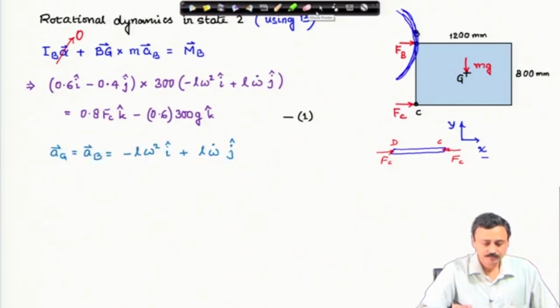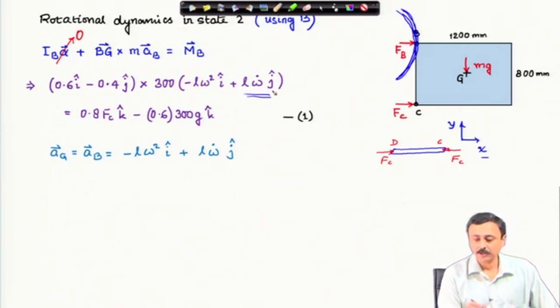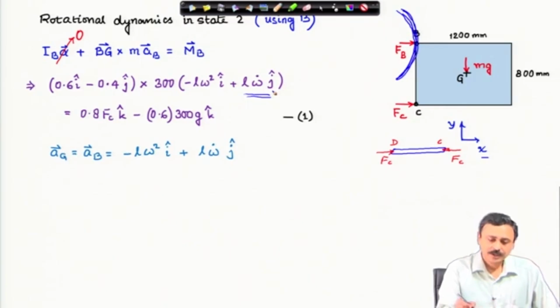Therefore, I have this angular momentum equation. Note, in this angular momentum equation we still have some unknowns. Omega dot, the angular acceleration of the connecting link, that is not known.